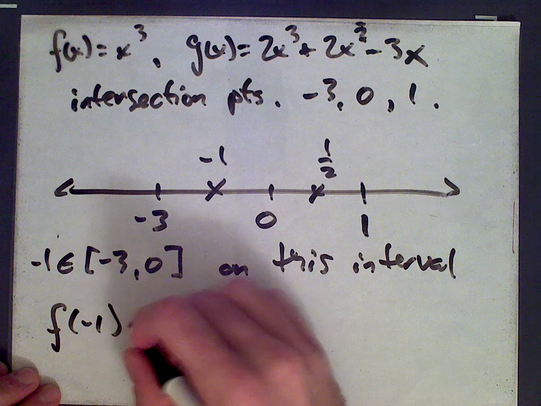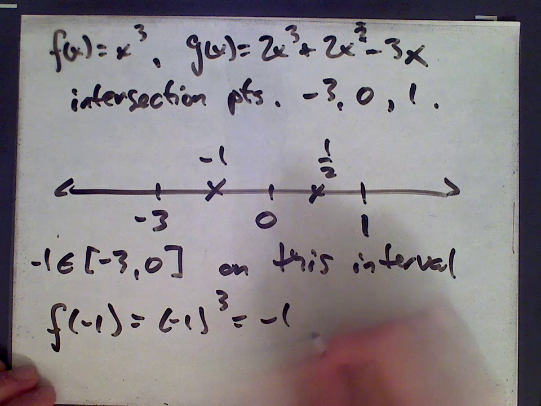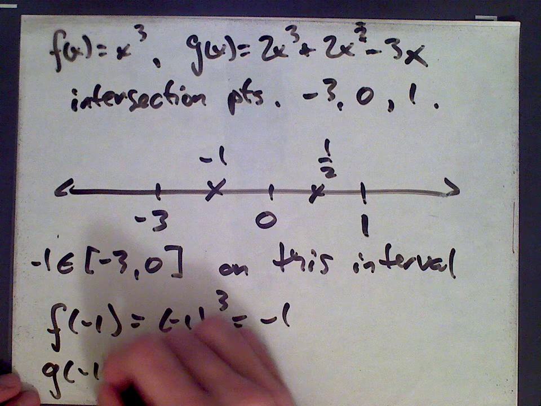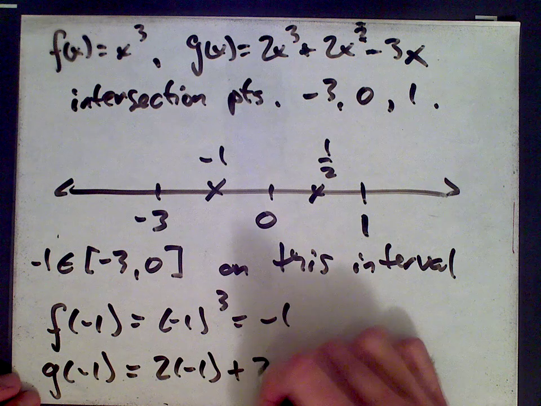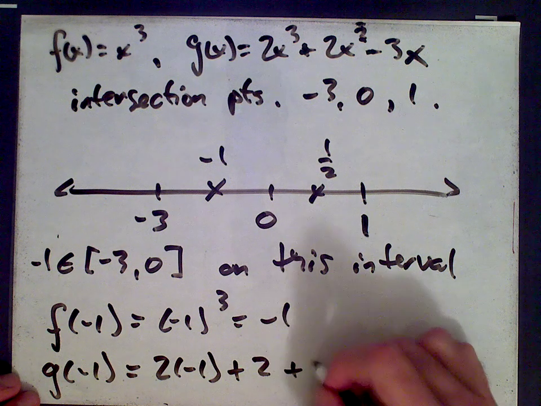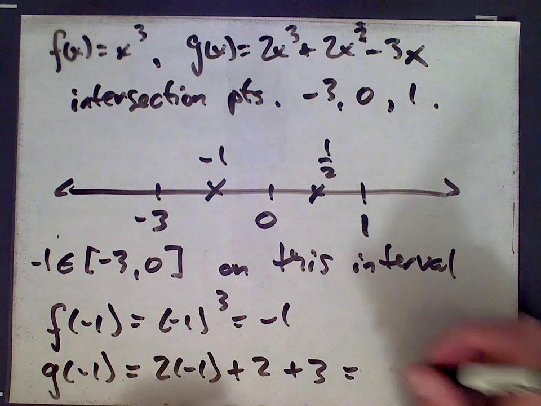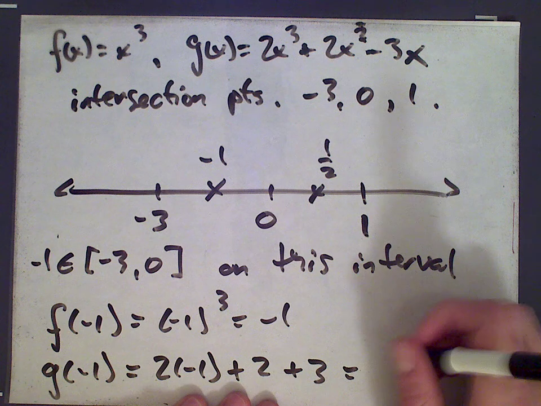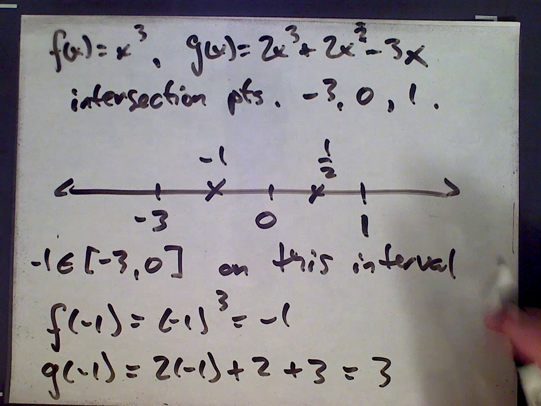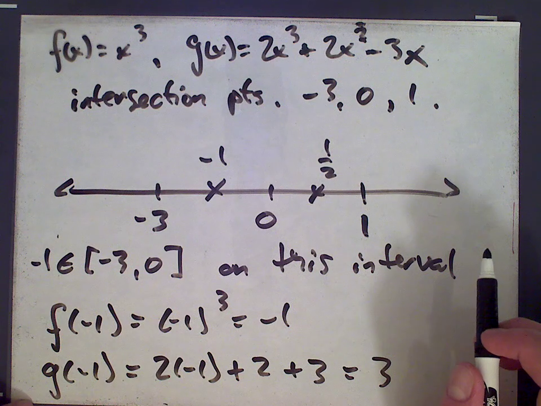f of -1 is -1 cubed, which is -1, and g of -1 is 2 times -1 plus 2 plus 3. So this ends up being 5 minus 2, which is 3. Let me make sure I did that correctly. I did.